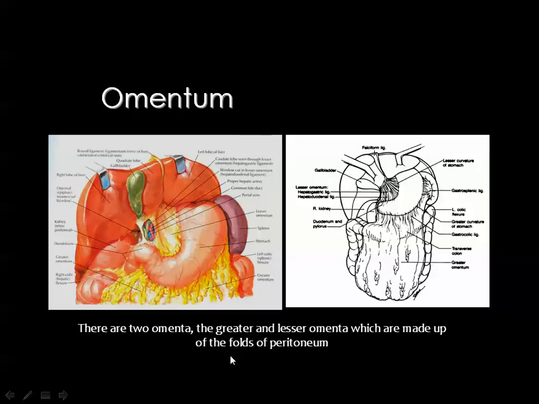Then there are some important definitions we should know in order to understand well the pathology going on in the peritoneum. The omentum is a peritoneal fold which is connected to the stomach. The lesser omentum is connected to the lesser curve of the stomach, while the greater omentum is connected to the greater curve of the stomach.